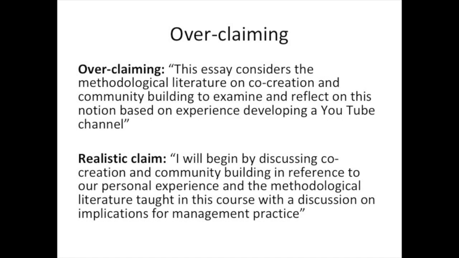So later in the paper, the author makes the much more realistic and much more correct claim, where the author writes, I will begin by discussing co-creation and community building in reference to our personal experience and the methodological literature taught in this course. So there it's narrowed down from a full-fledged literature review to just dealing with the literature presented in the course.